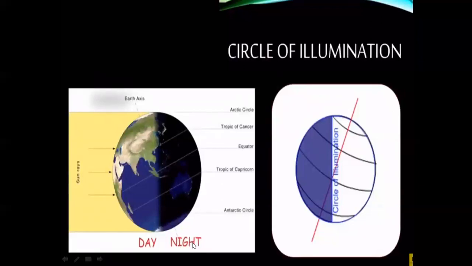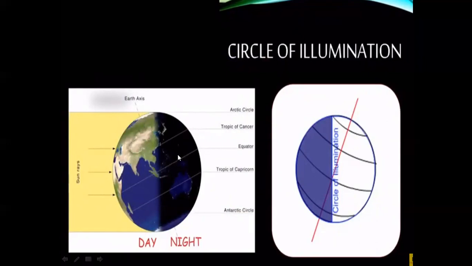So this is how day and night occurs. Right now, last night, India was on the opposite side of the Earth, and that is why it was night yesterday.